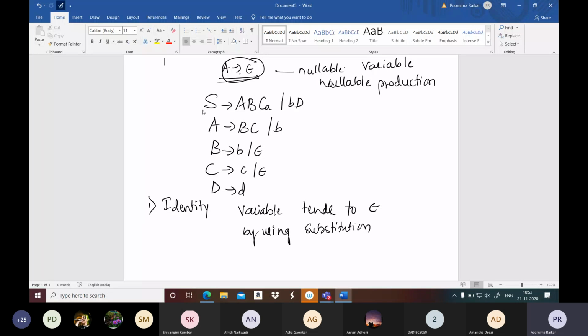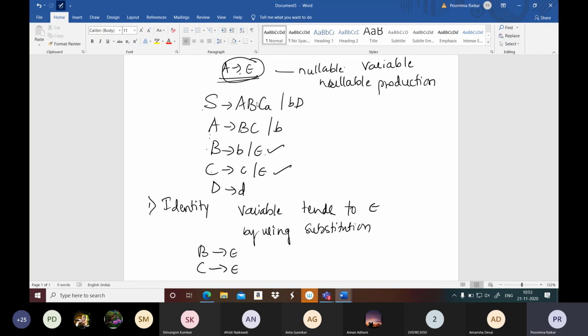So here, for A, have they given epsilon? No. But if you see this, you have B with epsilon, C with epsilon. This is very clear: B tends to epsilon, C tends to epsilon. Now just see whether anywhere you have B, C productions.